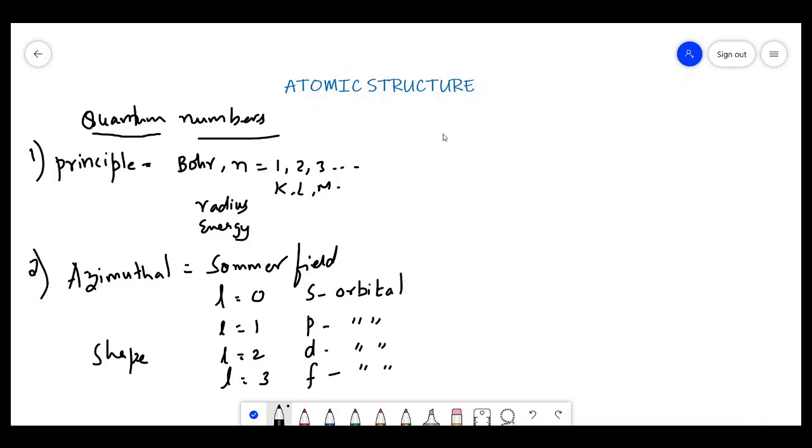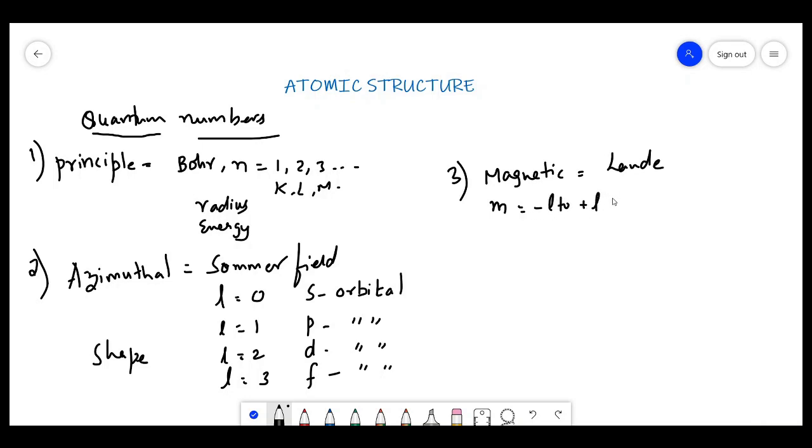Next, the third quantum number is magnetic, and this magnetic quantum number was proposed by Lande and denoted by M. M values are from minus L to plus L, including 0. And this point is very, very important, see carefully.